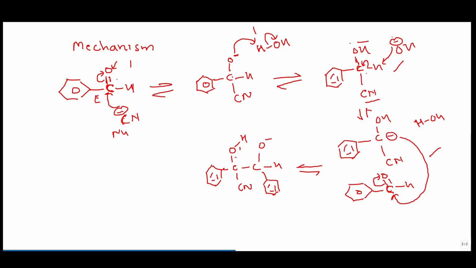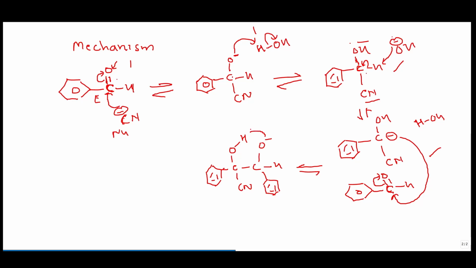See, 1, 2, 3, 4, and now if this interaction takes place, it will be the 5th bond, and you know 5-membered rings are stable. So, this oxygen may abstract this hydrogen intramolecularly. So, when there is a possibility of formation of a 5 or 6-membered ring, then intramolecular abstraction of hydrogen is possible.